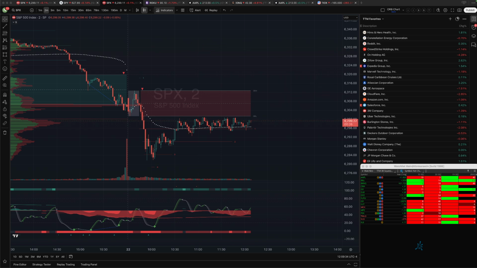Other people ask, do you market into these credit spreads? Absolutely not. You're going to get some awful fills if you try to market in. So you need to know how to put a limit order in for these credit spreads, and also be able to change your order if it's not filling, right?